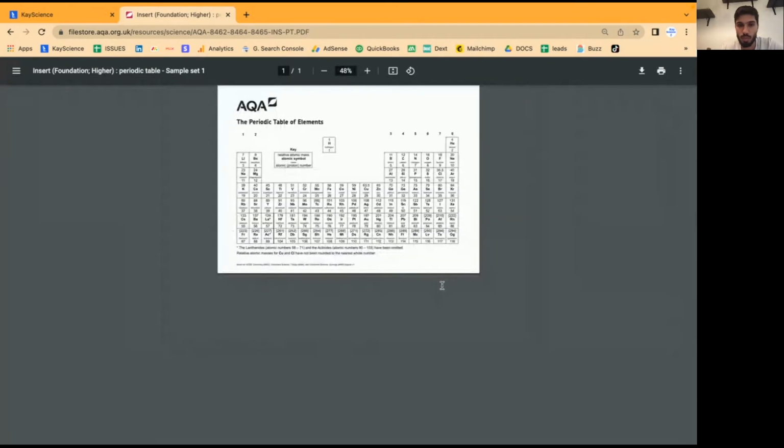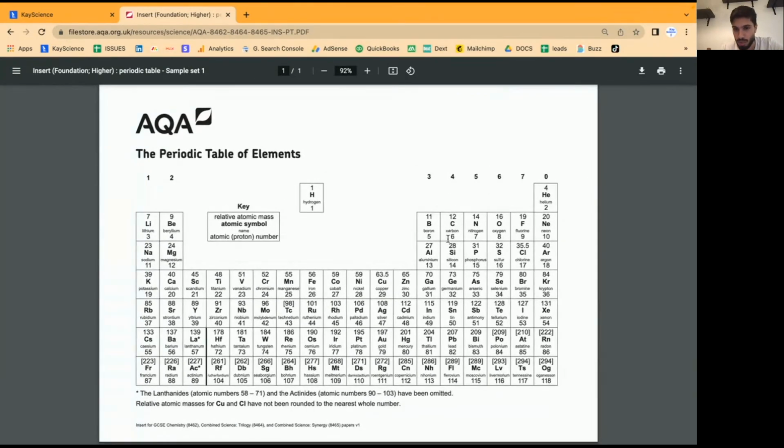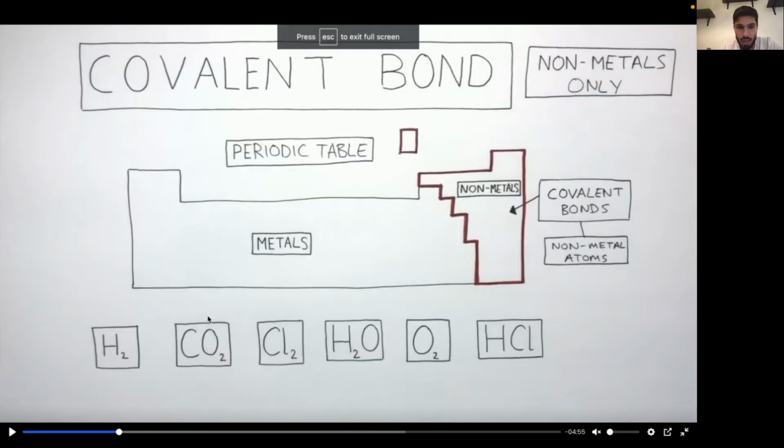Now, these elements, boron, silicon, arsenic, and down here to the right, these are all nonmetals. So if you have a substance such as H2, which is hydrogen gas, CO2, which is carbon dioxide gas, Cl2, which is chlorine, H2O, which is water, O2, which is oxygen gas, or hydrogen chloride, which is a gas, how do you know if these have covalent bonding between the atoms?